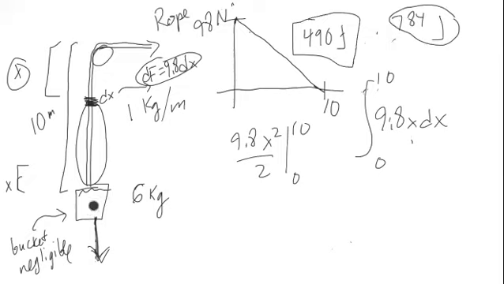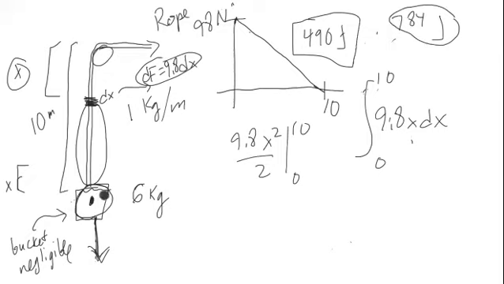Now, the bucket, on the other hand, is a little bit more challenging. The way that problem was stated doesn't really lend itself well to this interpretation of splitting up little pieces, because we're kind of centering all of the mass of the bucket at one position, and thinking about this center position moving exactly 10 meters to where it finally rests.